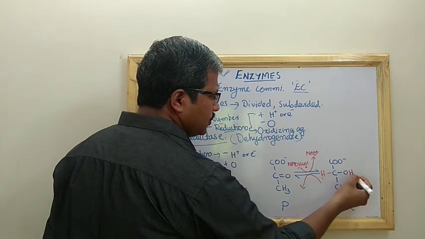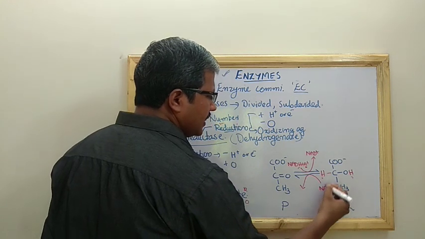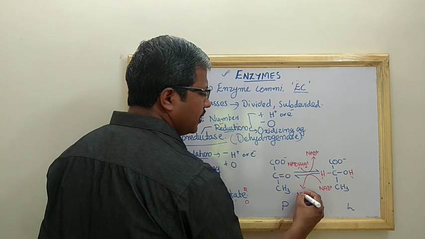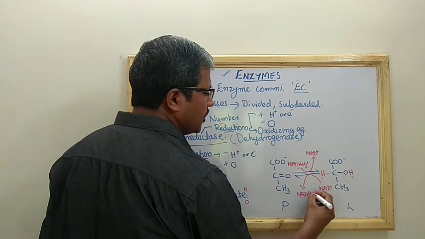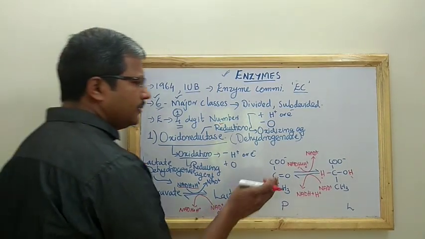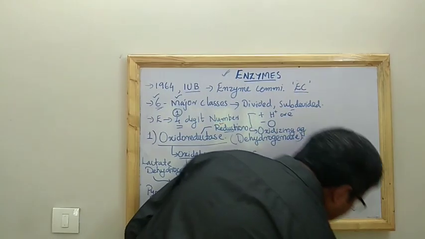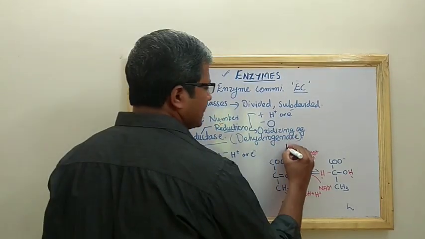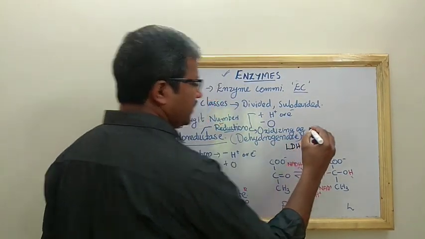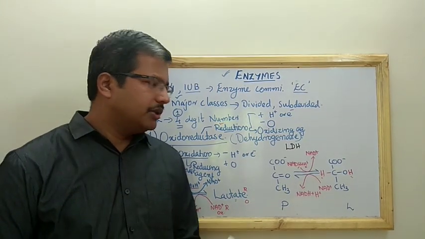As a result, this 2H will be coming to the NAD plus and it will be forming NADH plus H plus. And as a result, pyruvate will be formed. And this reaction is catalyzed by the enzyme lactate dehydrogenase. So LDH will be catalyzing this particular reaction.